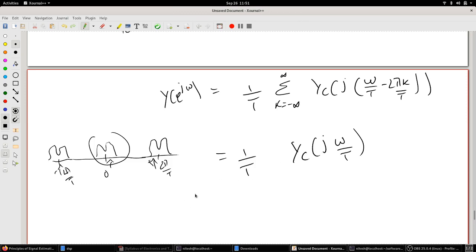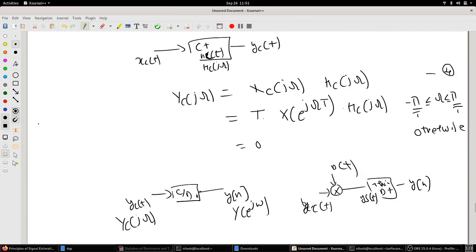Now this Yc of j omega by T expression is the spectrum around 0, right?